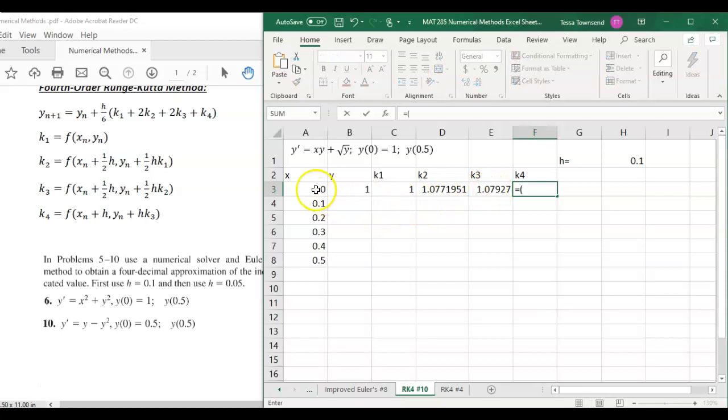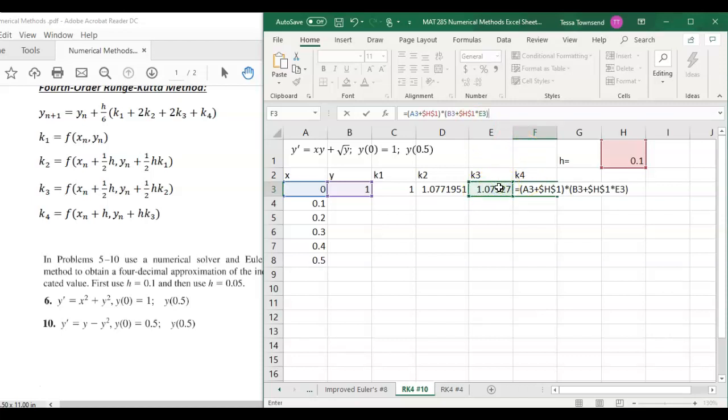So X would be this column and row, that cell plus our step size times Y. Our Y is going to be B3 plus the whole step size times K3.